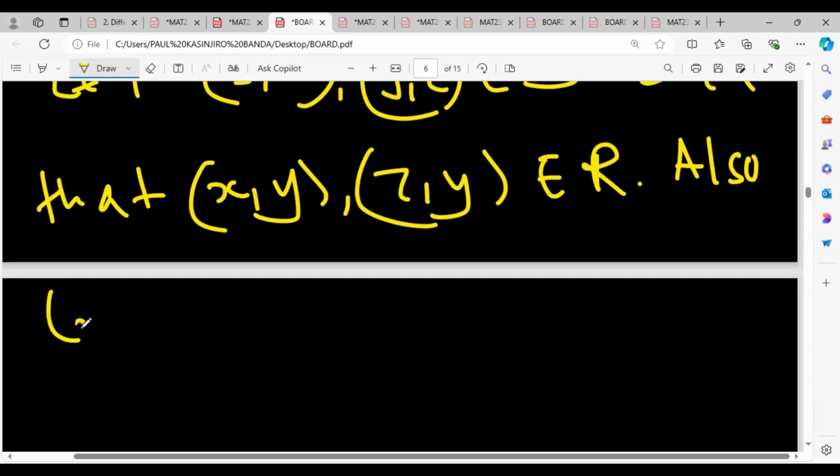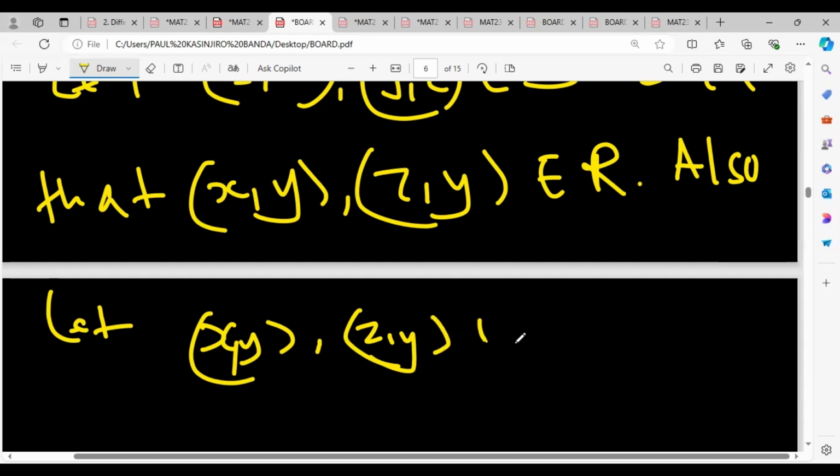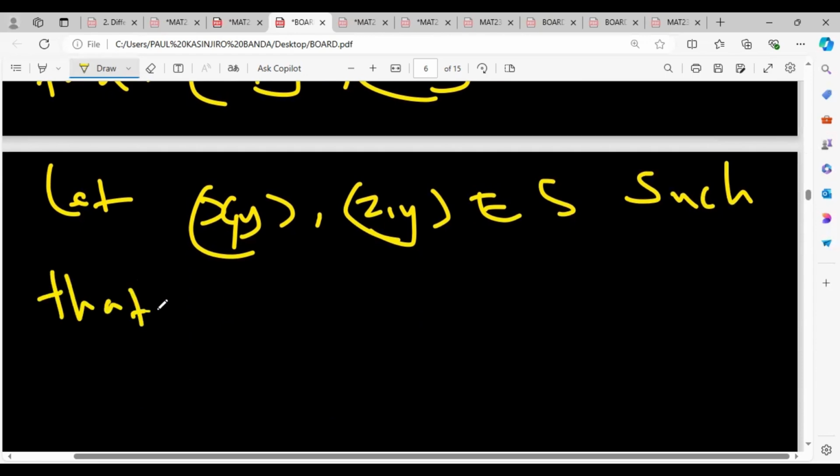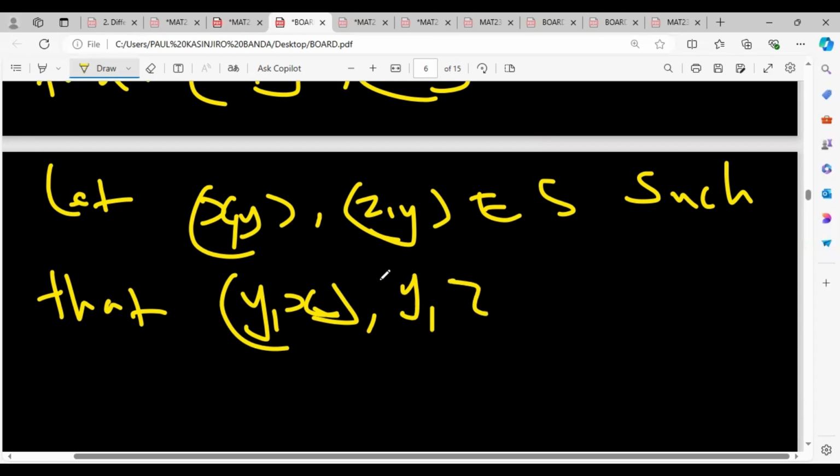So also let (x, y) and (z, y) be members of S, then we get the opposite, which is (y, x) and (y, z) being in R. You can see I'm just flipping these coordinates, right?